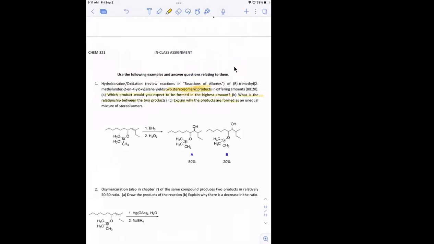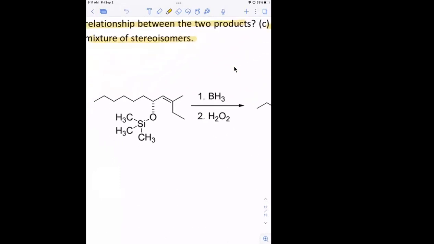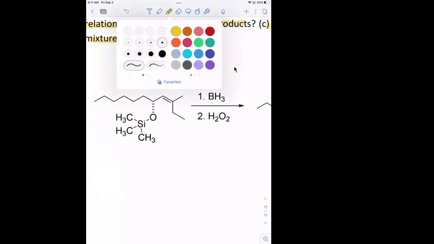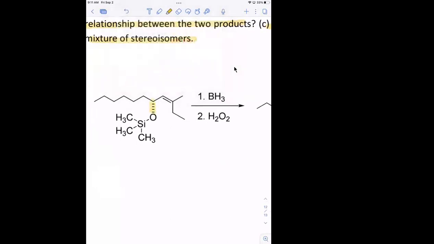All right, thank you. We're going to start with C and answer that first, right? Why do you get an unequal mixture of stereoisomers in this case? What have we done? Notice we have a molecule that has a pre-existing chiral center. So if that's the case, what outcome should we expect?